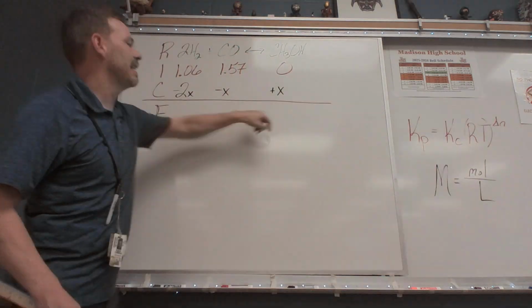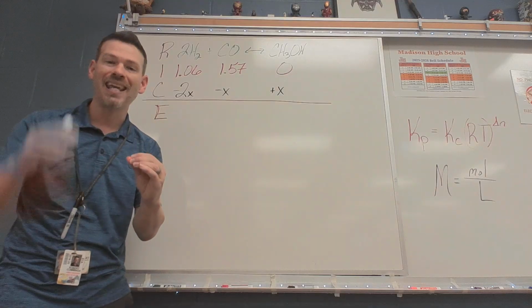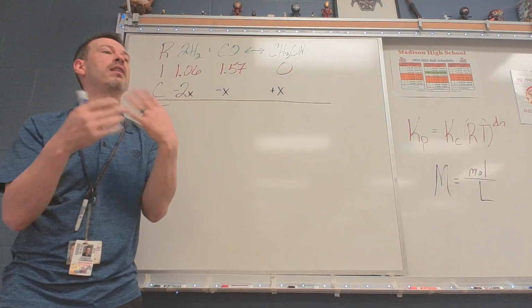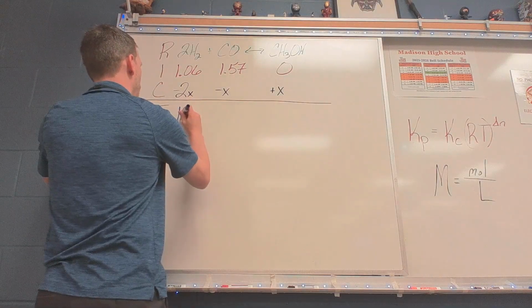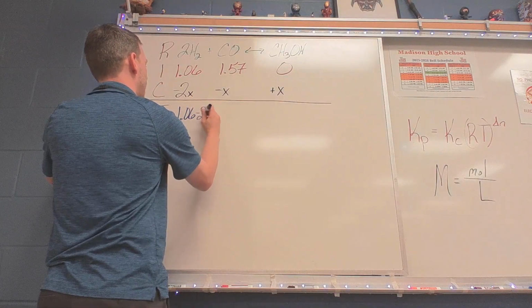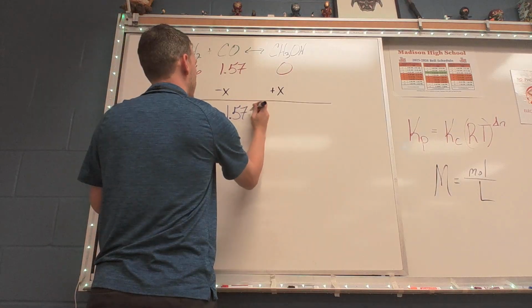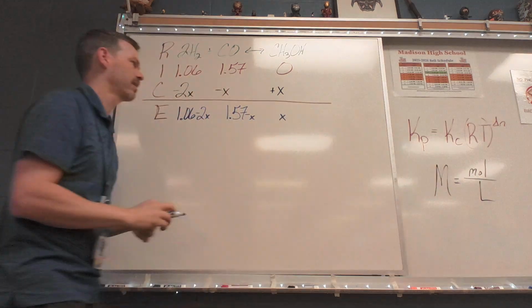If you look at the opening slide, it says that the equilibrium row is I plus C. You're going to join the previous two rows together. 1.06 minus 2x, 1.57 minus x, and then 0 plus x is just x.